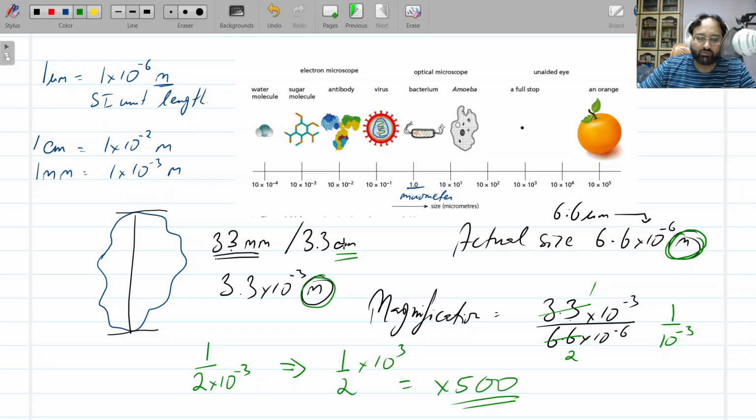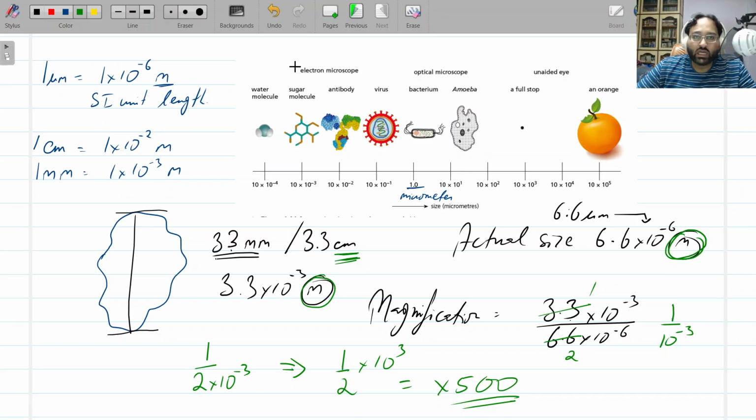As long as they're both the same, you're going to get the same magnification. Whatever you're measuring, the actual size and the image size should be in the same unit, whether millimeter, centimeter, micrometer or meter. As long as you have those the same, you'll end up with the correct answer.